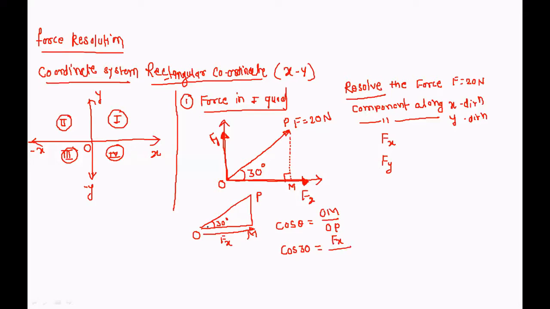From this triangle, OP is nothing but our initial force F. So OP is nothing but F, and we are interested in the Fx value, that is the x component. So Fx will become F into cos 30. So this is the x component when the force lies in the first quadrant.